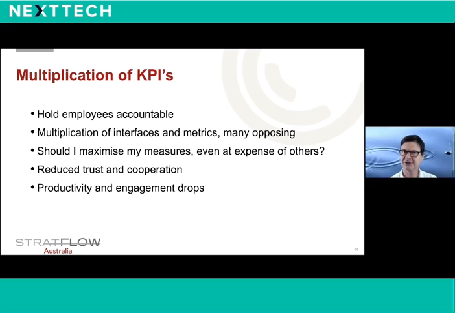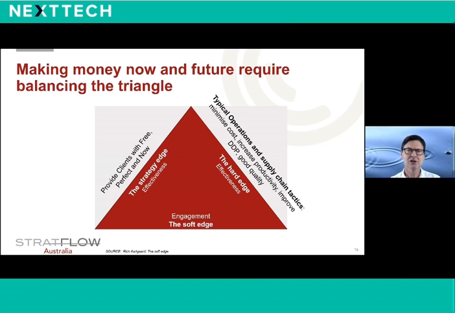People put their energy into what can be measured at the expense of cooperation. And as the performance deteriorates, we add more structures, processes, and systems. And that's what's killing productivity and making our people suffer at work. People stop cooperating and the trust disappears. So businesses are run to make money now and into the future.